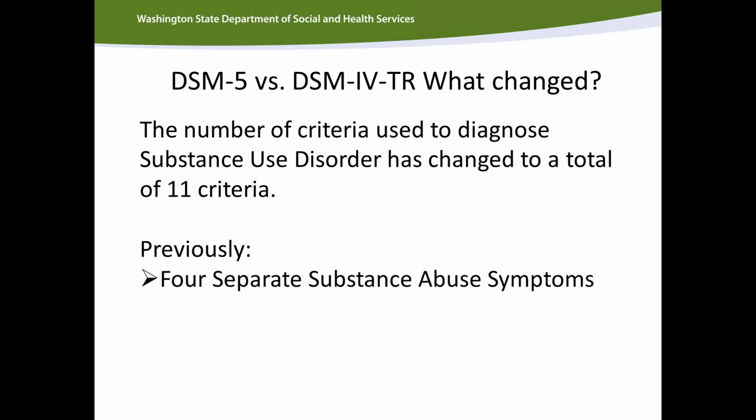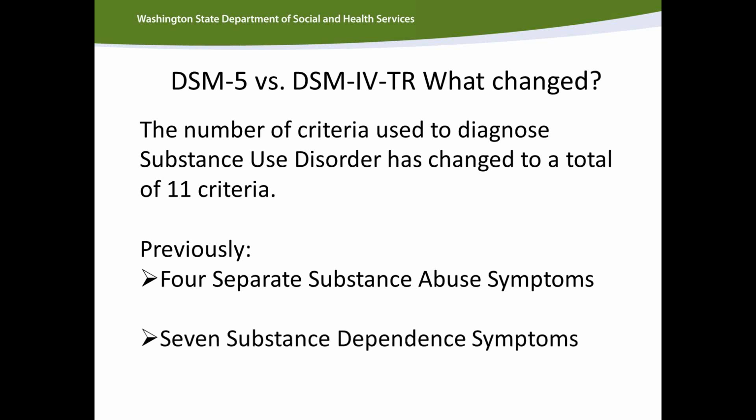The usual protocol was that you look to see if the criteria for dependence were met, and if they were not met, then you looked at the 4 criteria for substance abuse, and the person only needed to meet one of those substance abuse criteria in order to be diagnosed with substance abuse. The 7 substance dependence symptoms needed 3 out of the 7 in order for there to be a diagnosis, and it could be any 3 of the 7, and it included both physiological and psychological symptoms.